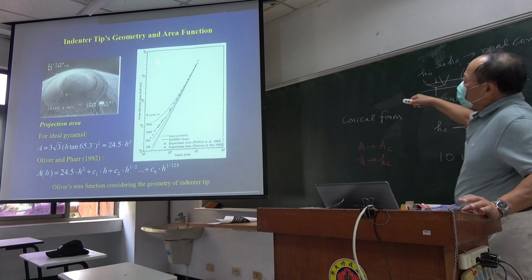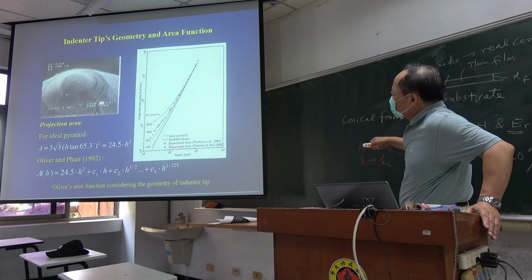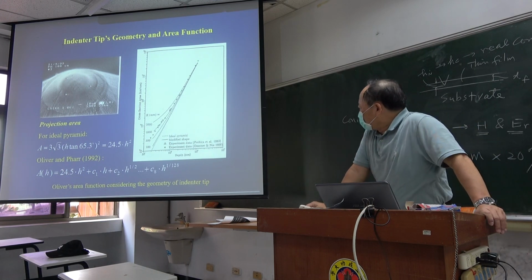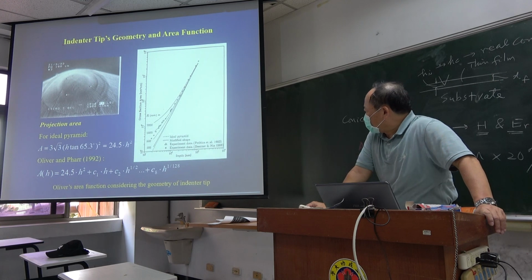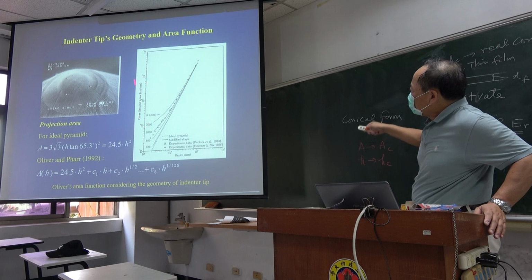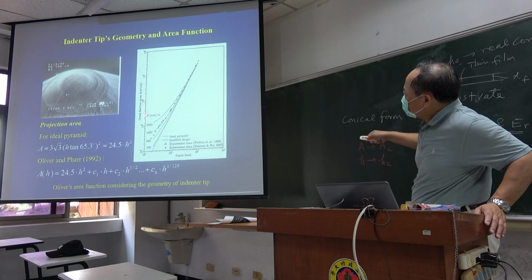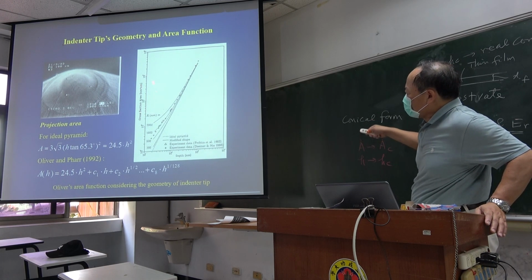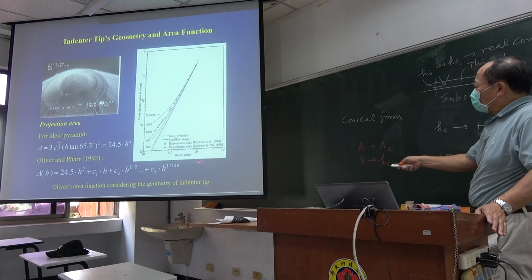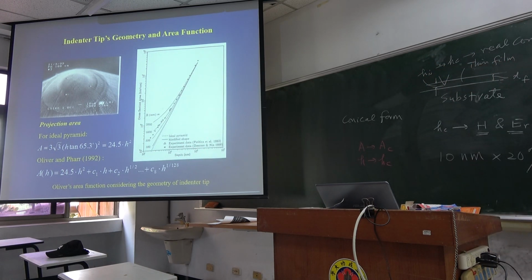So here they show the result of the two literature experiment data. This data showing here, the ordinate is the cross-section area, I mean the AC. This is the real contact area. And then the abscissa is the indentation depth, right?